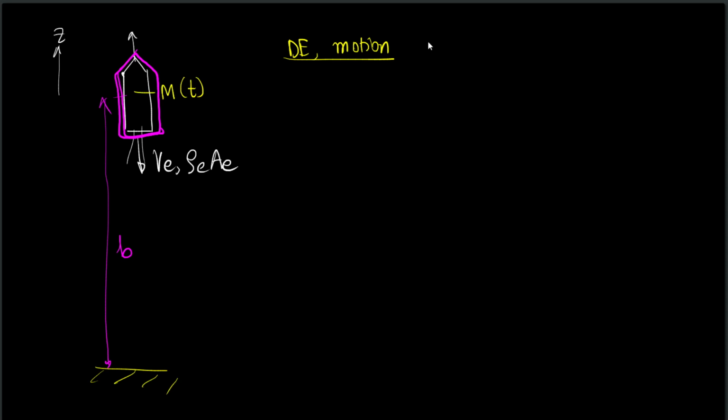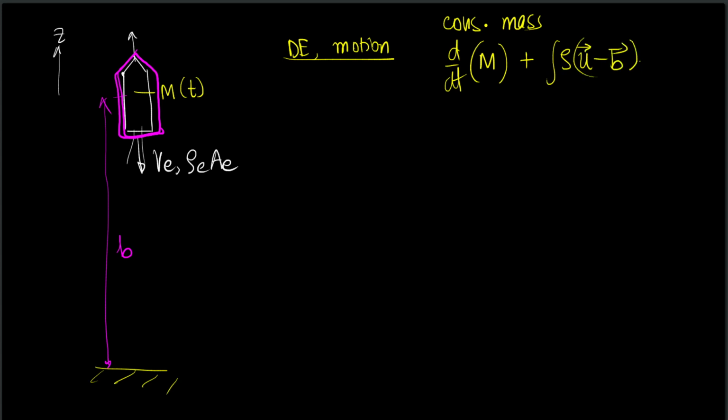So let us write down the statement of the conservation of mass. So we will have d/dt of m times now the momentum of the entire object. So we are writing the conservation of mass. So dm/dt plus integral rho (u minus b) dot n dA equal to 0.